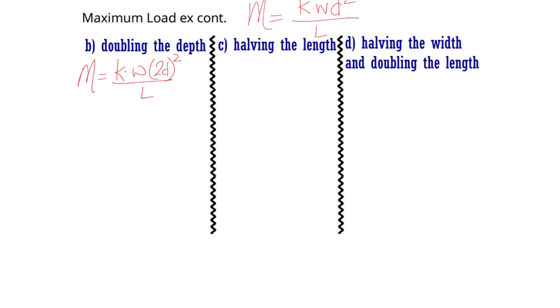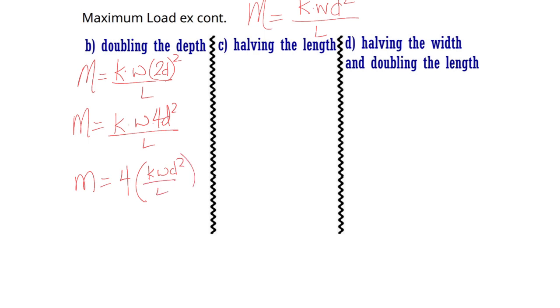This 2D squared is going to actually turn into a 4D squared. So if I factor all the number stuff out, you can see here that now my maximum load is 4 times what it was originally.